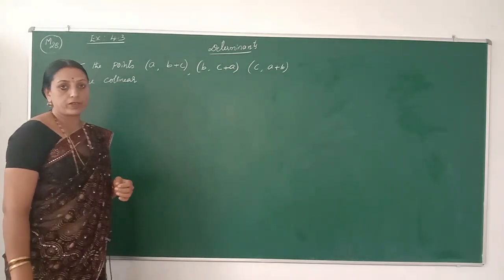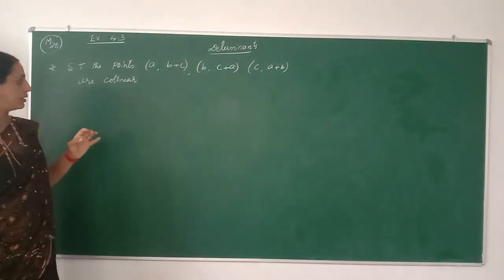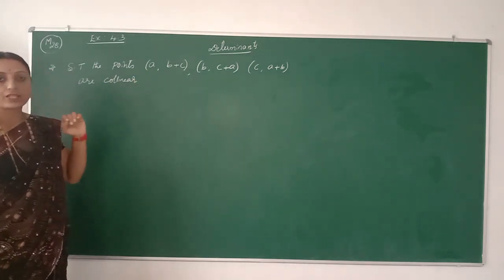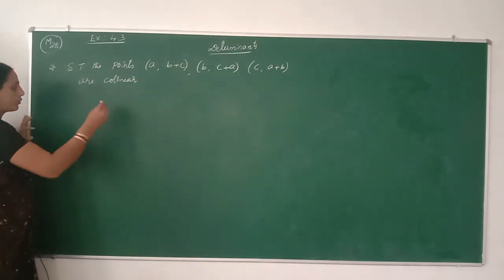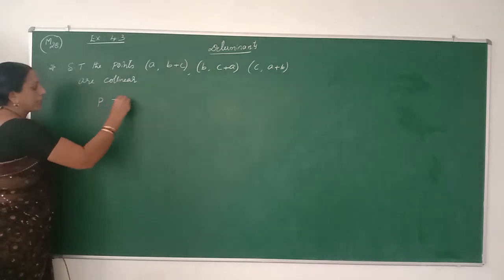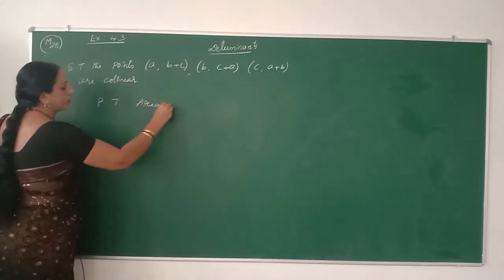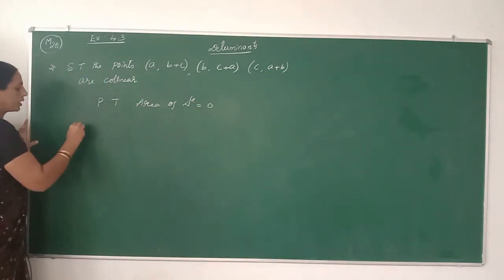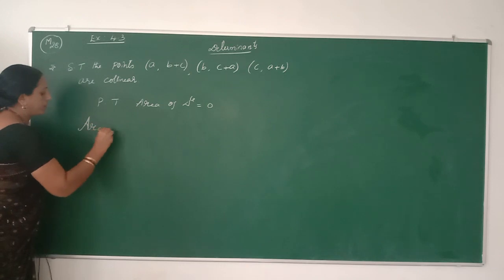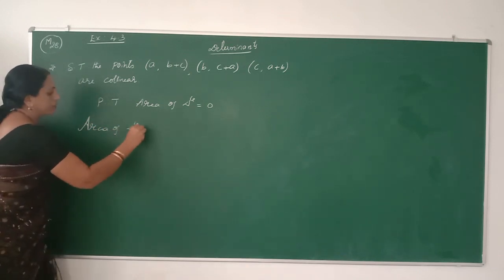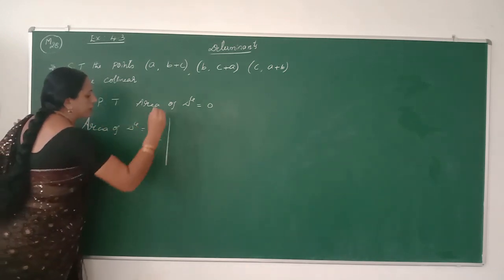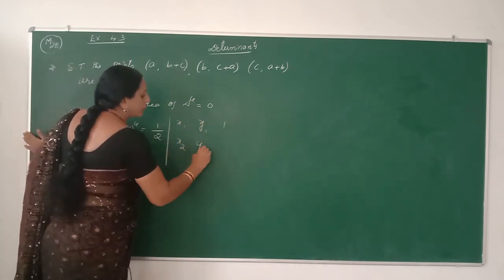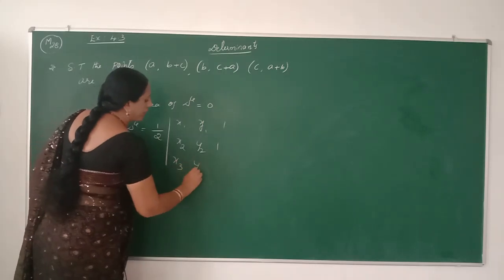According to the formula for the area of a triangle, if the area of the triangle is 0, such points are said to be collinear points. Therefore, to prove this, the area of the triangle should be 0. First, the formula for area of triangle is equal to half of determinant of x1, y1, 1; x2, y2, 1; x3, y3, 1.